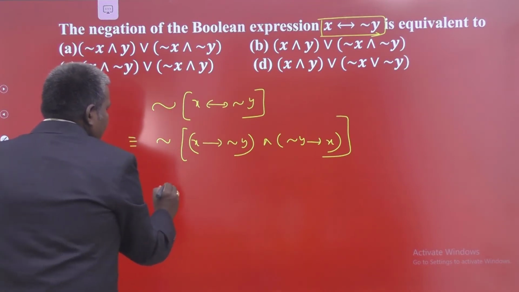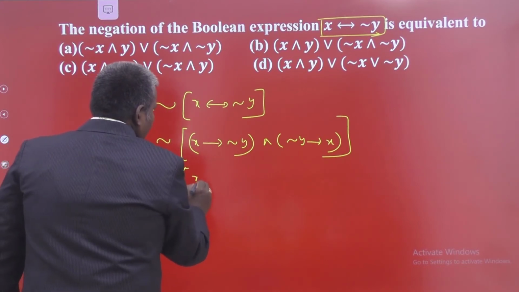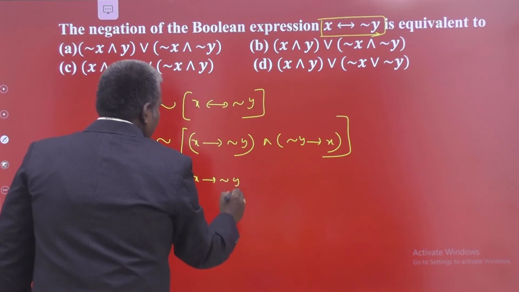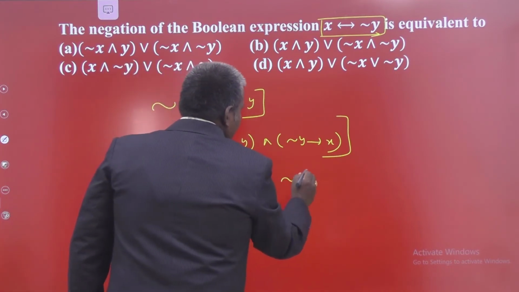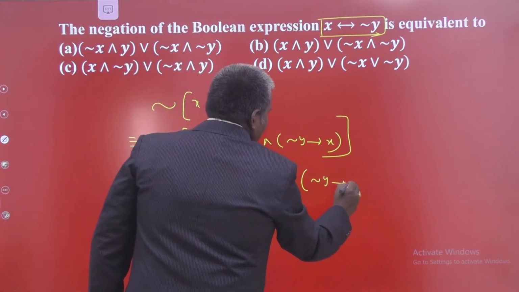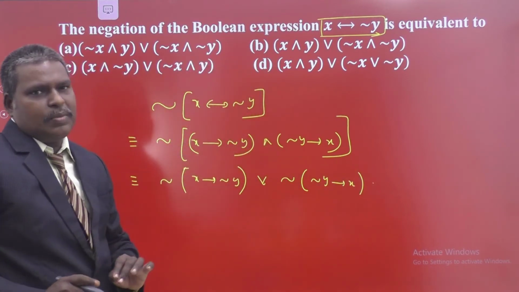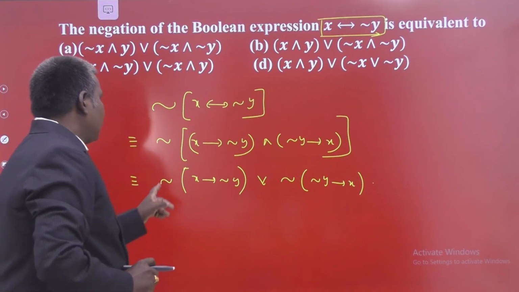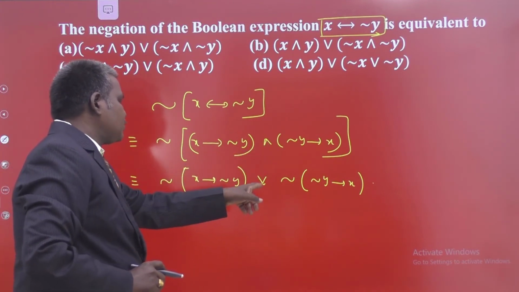This is equivalent to negation of x implies negation of y or negation of y implies x. I am applying the De Morgan's law: negation of x implies negation of y, and becomes or.